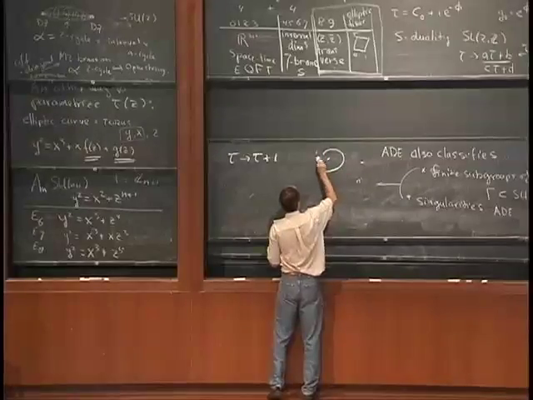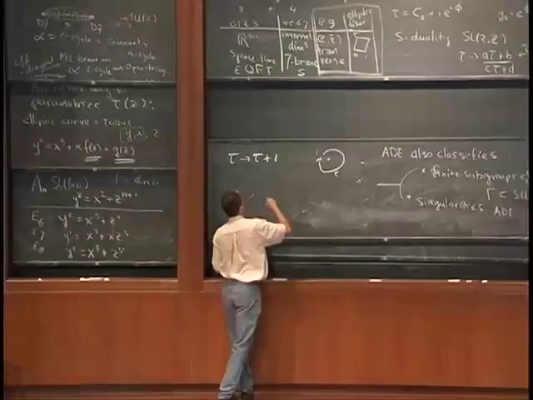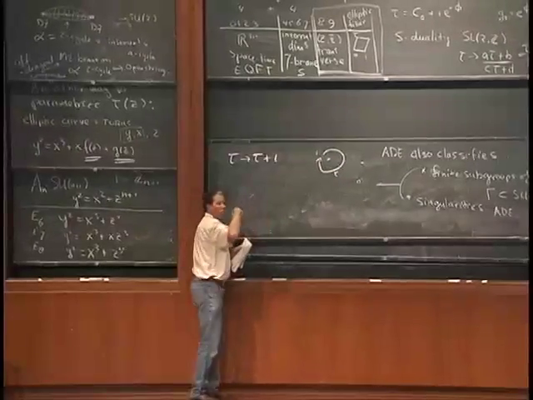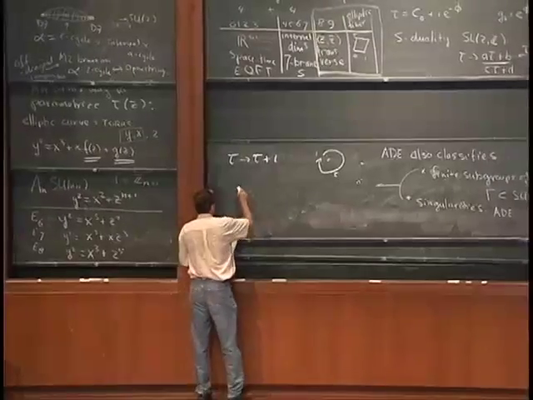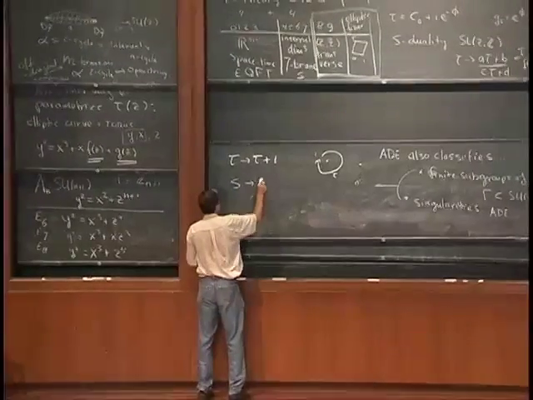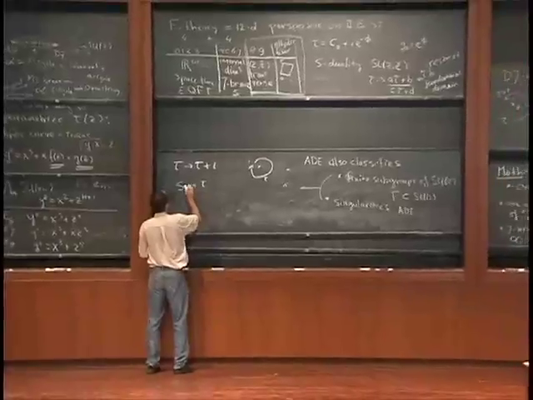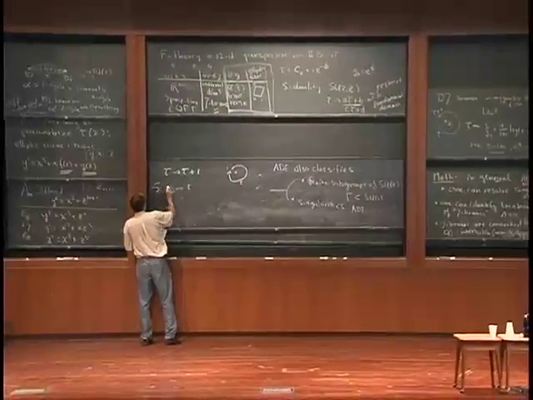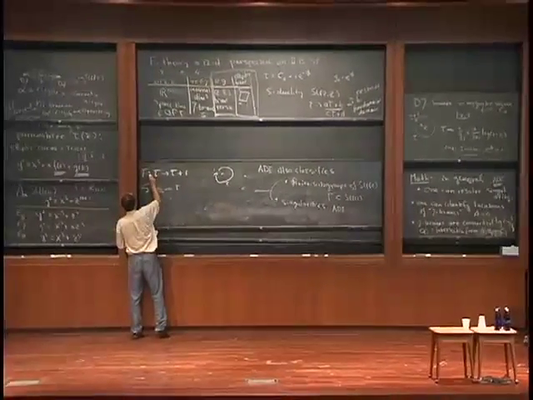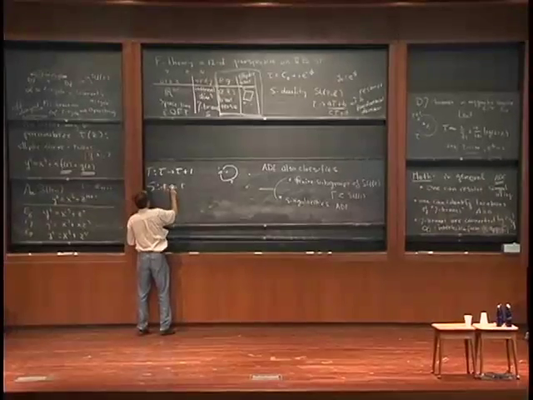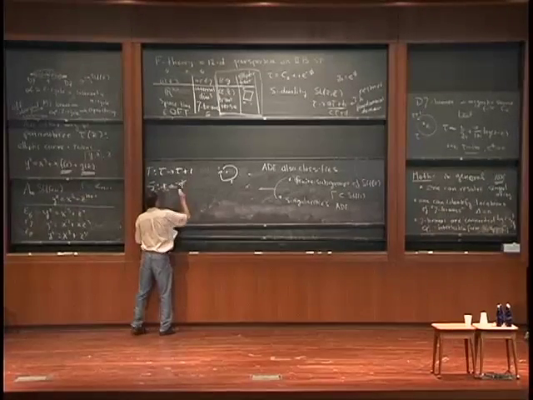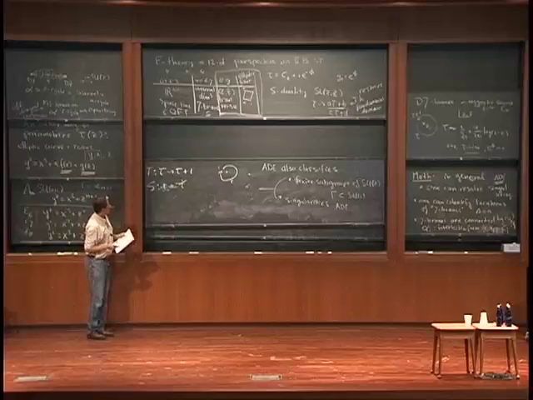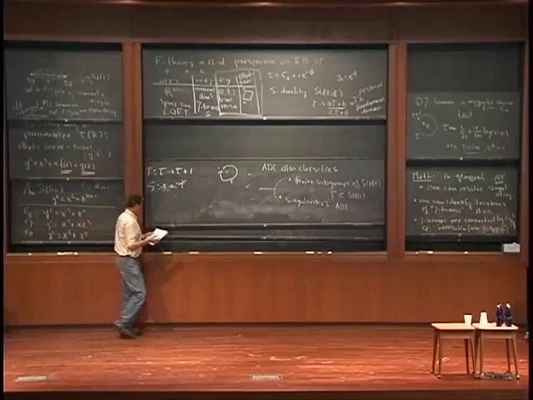Around the D7, that's what happens if I move tau around. But if I move around another type of brane, I could have other transformations which also involve the S transformation, tau to minus 1 over tau, which is the S-duality transformation.